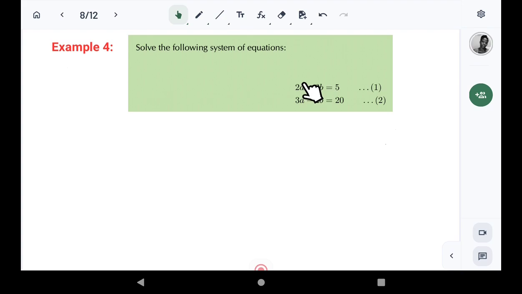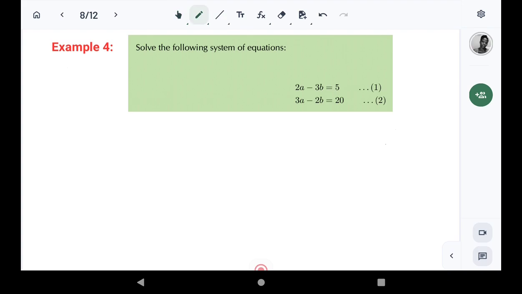I choose a in this one. So you multiply these two by numbers that will make them the same. For example, multiply 2a by 3, it will make it 6a, and then multiply the other one by 2, it will make this 6a as well. And then you make sure that you multiply the rest of the equation as well.